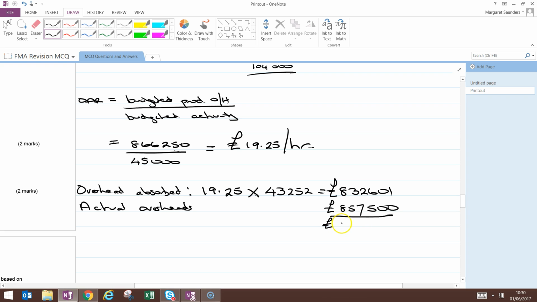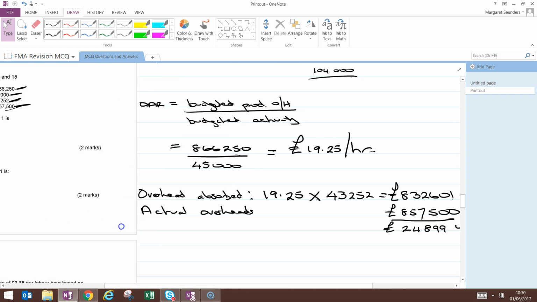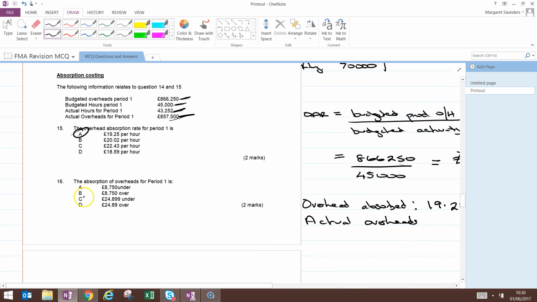Well, we have a difference of 24,899, and if we look at the absorbed figure 832,601, that is less than the actual figure, so it's under the actual figure. So 24,899 under, which is answer C.